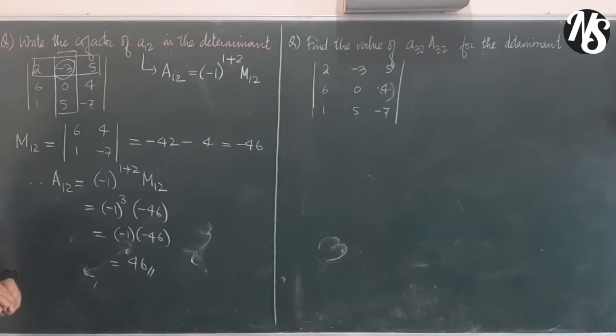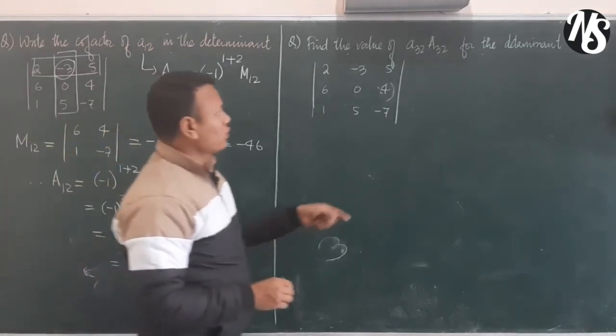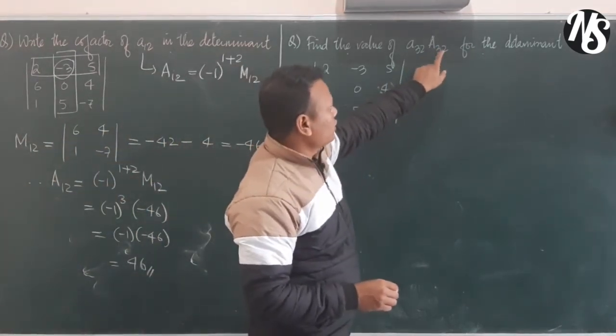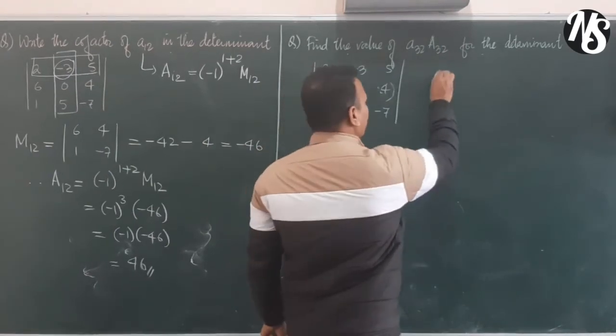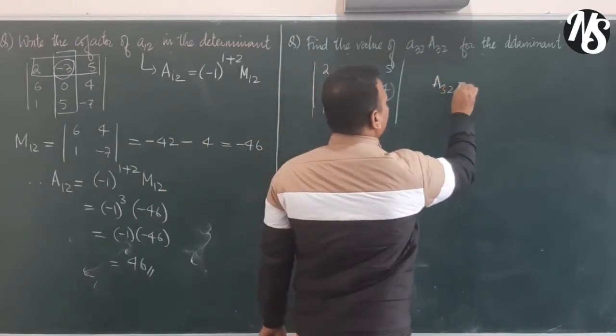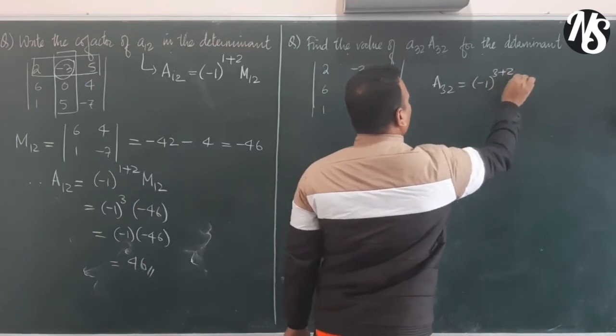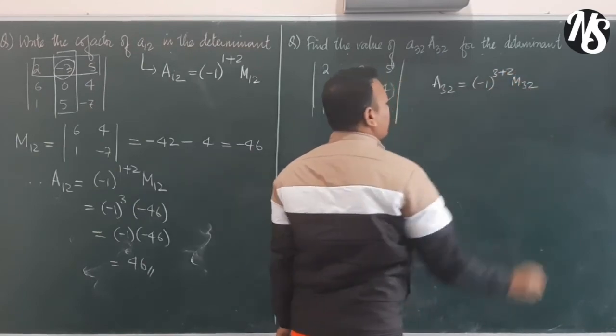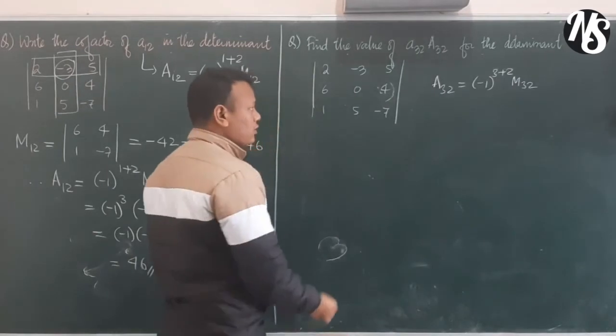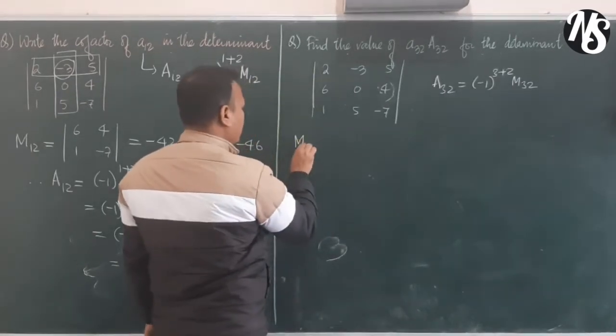Let's take the next problem. See, the determinants given here are the same, but here you need to find this particular thing. What is A32? You know A32 is nothing but minus 1 to the power 3 plus 2 times M32. Shall we find this? So, M32.